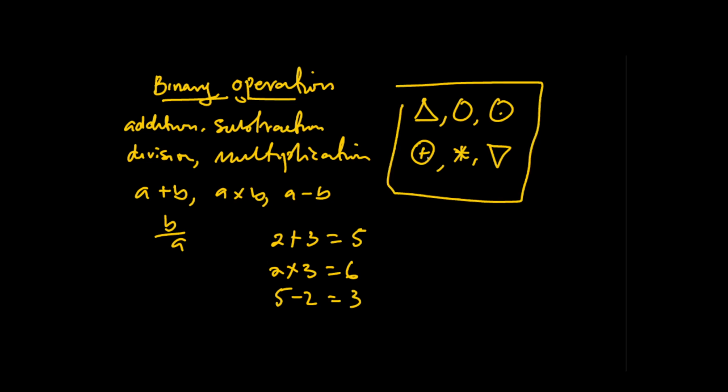For example, instead of writing A plus B, I can write A operation B. So these are other ways of combining A and B instead of using plus or minus or multiplication or subtraction. So this is basically what we refer to as binary operation.